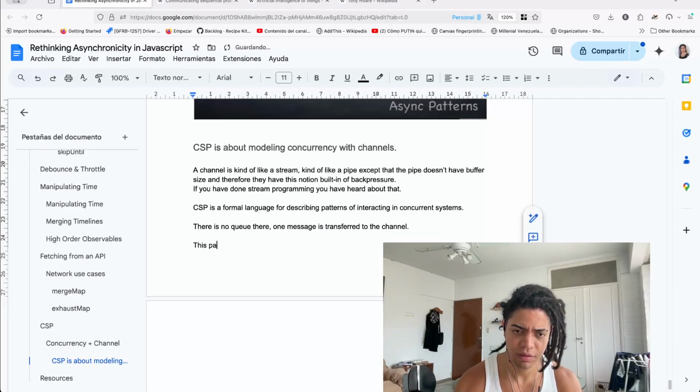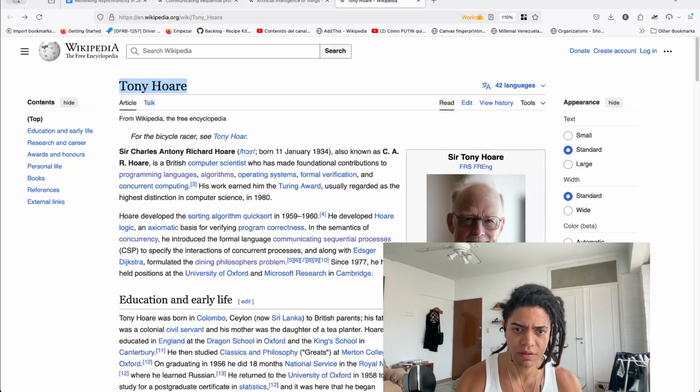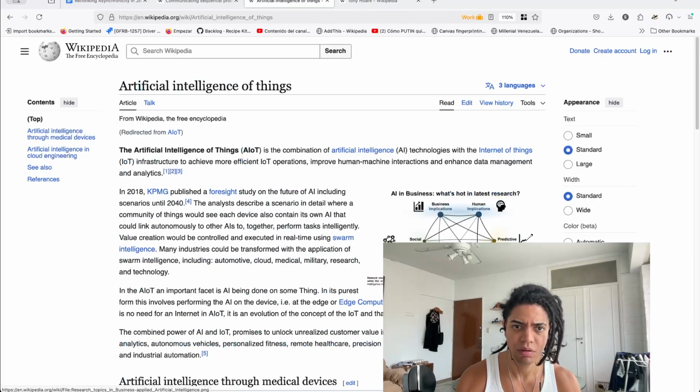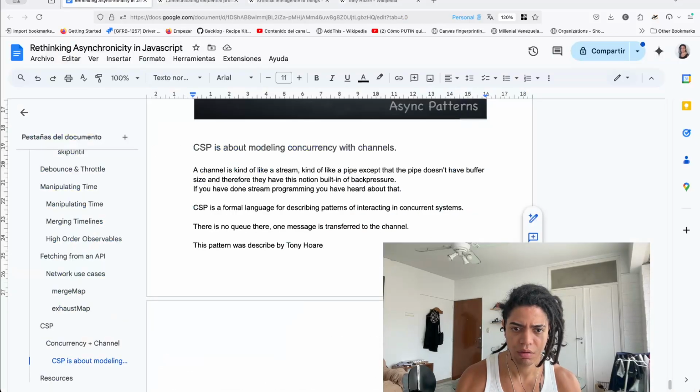This pattern was described by Tony Hoare, who wrote a book called Communicating Sequential Processes, back in the 70s.